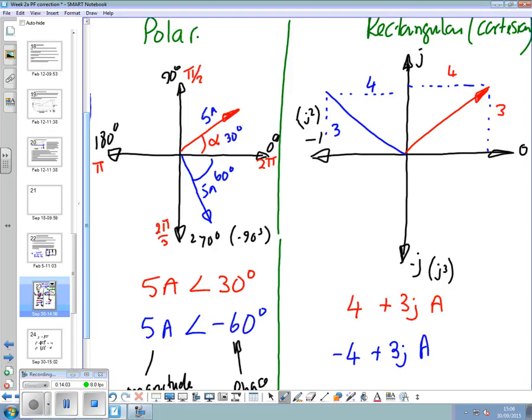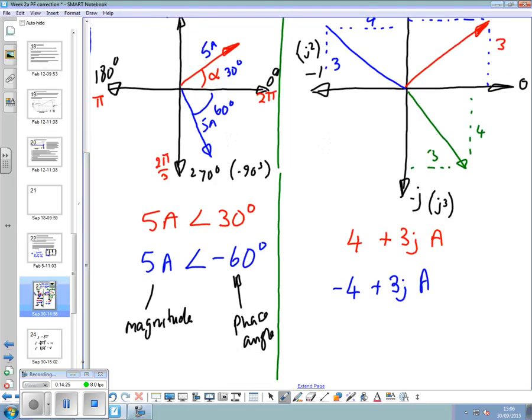In this type the units go right on the end. And if we had one down in here, which is a column quadrant, let's say that's 4 and this is 3, that one would be expressed as 3 minus 4j amps.